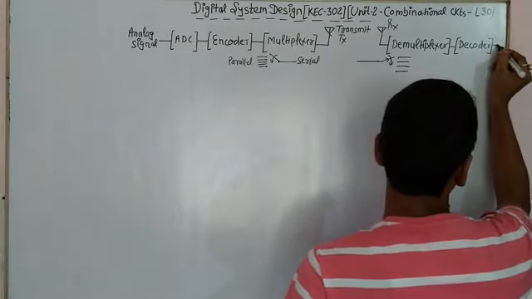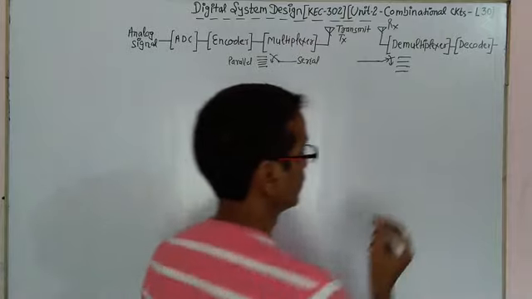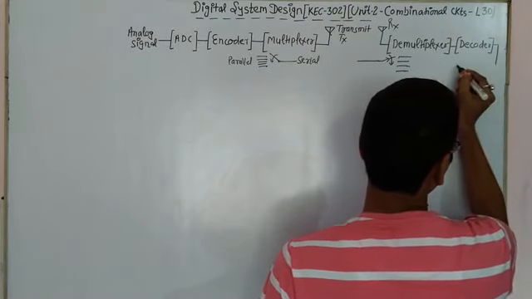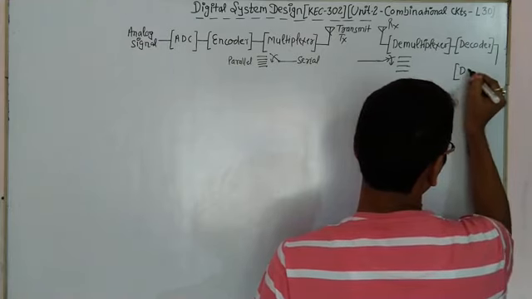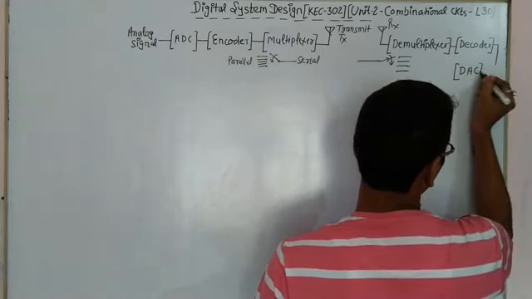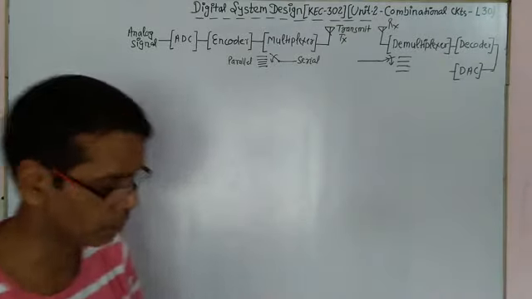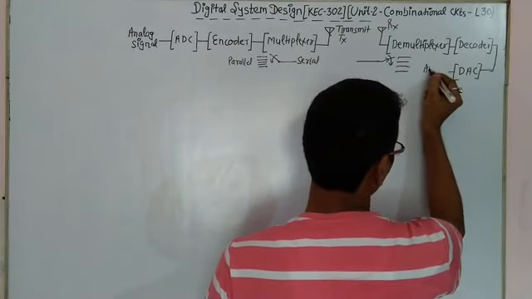After that you will get your signal in digital form, and you need to convert your digital signal to an analog signal. So you need digital to analog conversion. Now finally you have an analog signal.